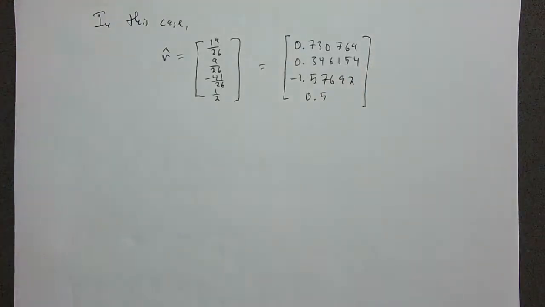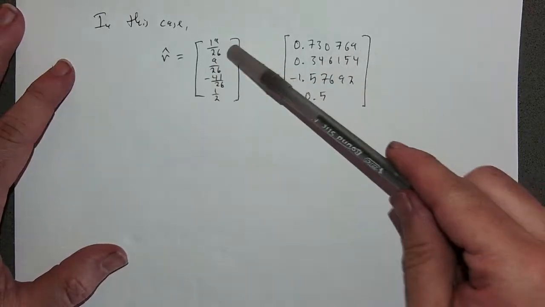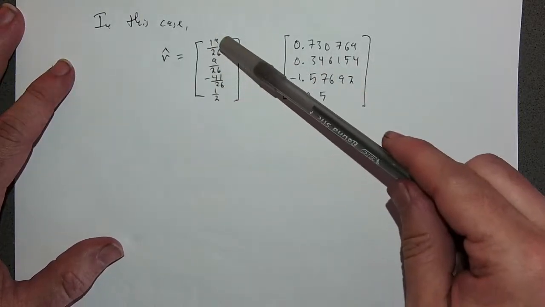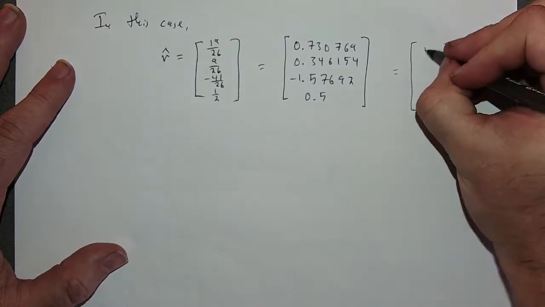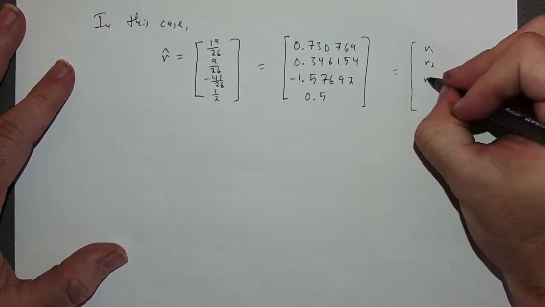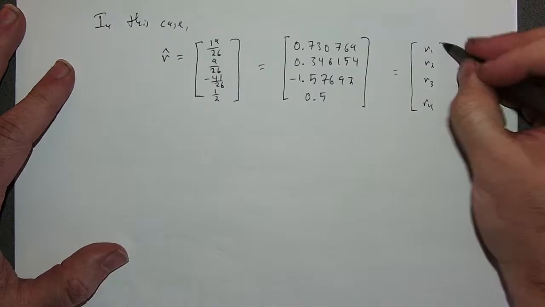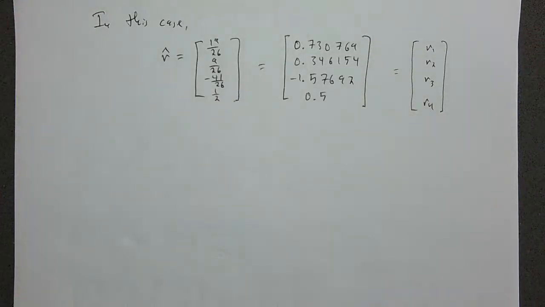What does this say? This contains the rankings of teams 1, 2, 3, and 4. So rewriting this, this is R1, R2, R3, and R4. But it makes sense now to give our ranking in descending order.